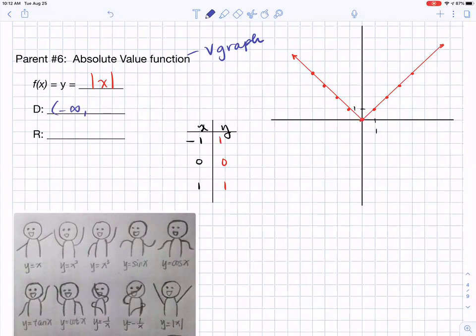And what's the furthest value over to the right that's being used? Positive infinity. Okay, how about range? What's the bottom value on the range? 0, and I'm using it. What's the top value? Positive infinity.